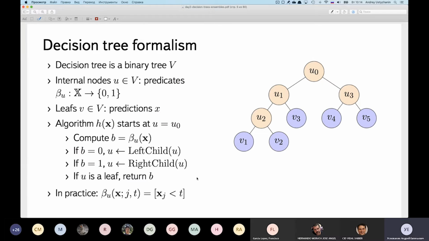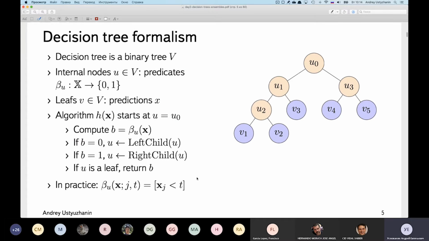Okay, so let's have a look at the formalism that is introduced by those trees, or that is needed to understand those trees from an algorithmic perspective.